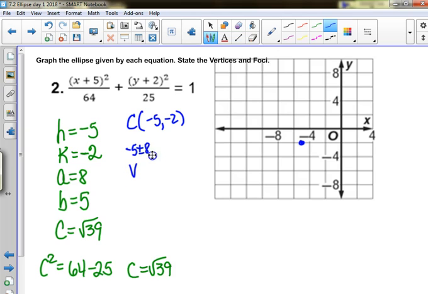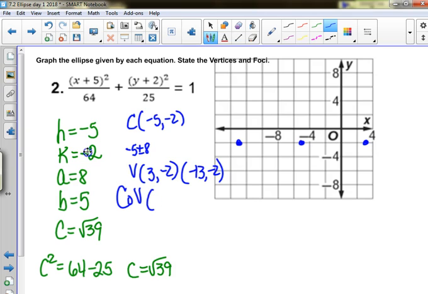So the vertices are going to be at 3, -2 and -13, -2. Is anybody getting that? Are they doing it on their own? -13, -2. Does this fit? Oh yeah, it does. 3, -2. There we go. Okay, it fits.